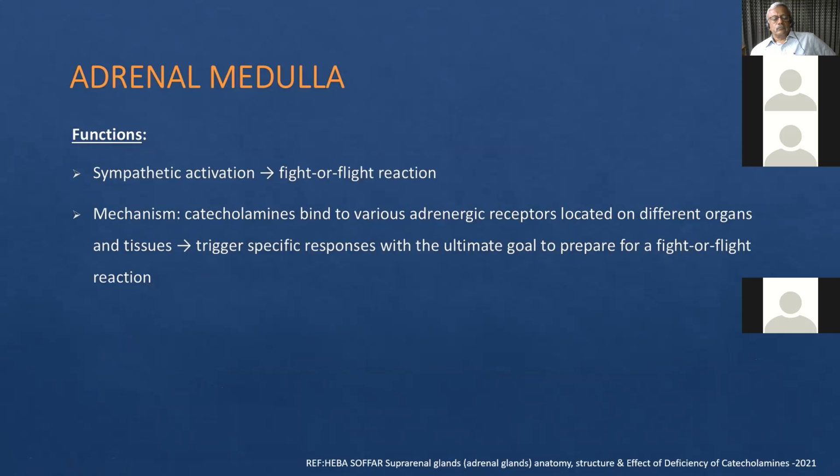The functions include sympathetic activation, and it has the fight or flight reaction. Catecholamines bind to various adrenergic receptors located on different organs, and act through G protein coupled receptors and trigger the required response.